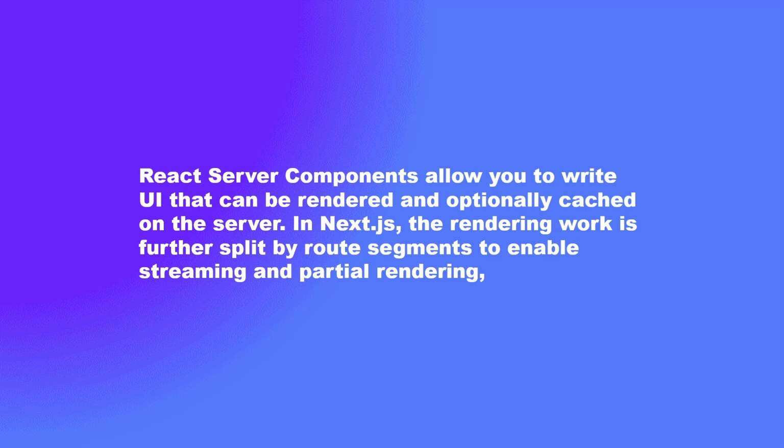In Next.js, the rendering work is further split by route segment to enable streaming and partial rendering, which means if we are going to use server components, the UI result will be created on the server and moved to the browser. So the performance will be enhanced and you can have a security enhancement. Also you can hide the important details.